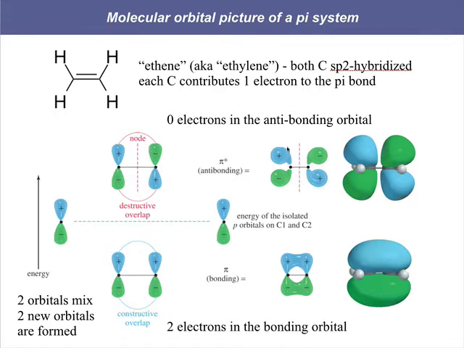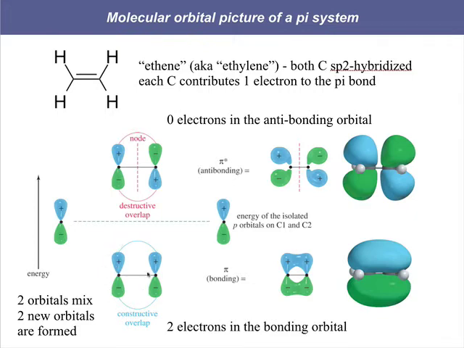So we end up with a region in space between those atoms where there is no electron density. That's called an antibonding orbital. We call it pi star. So this should look familiar. This is basically what we looked at in the sigma case. We were overlapping s orbitals, for example, but it looks the same kind of setup for a pi system.